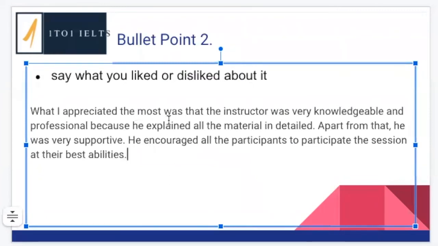What I appreciated the most was that the instructor was very knowledgeable and professional because he explained all the material in detail. This expression is in detail, not in detailed. So this is a fixed expression. Apart from that, anyone who came to my punctuation lesson, can you tell me about this comma?